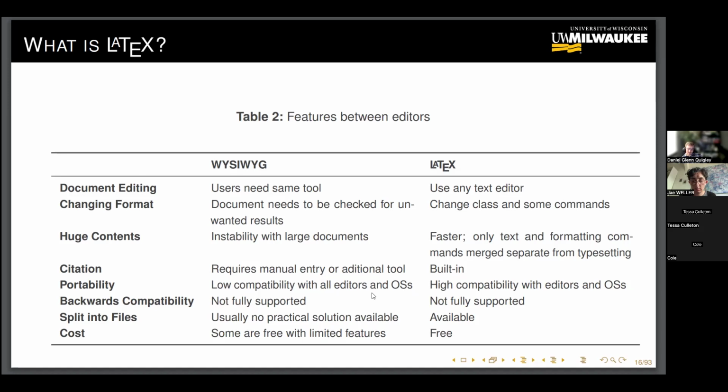This is in contrast to some closed source, what you see is what you get editors. Neither of these are backwards compatible to a certain extent, which is a bummer, but that's all right. We can split our files for better management. And my favorite part is LaTeX is free and open source. So it's community driven with accessible documentation and resources. And that's not always the case with what you see is what you get.